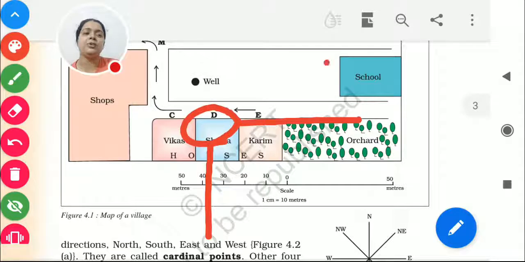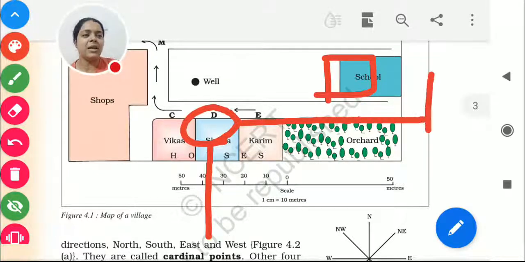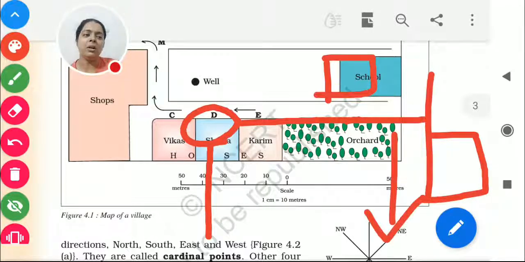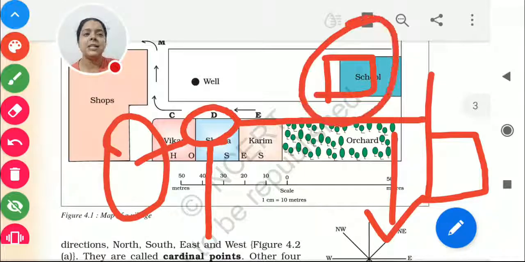Then on the right side, or the left side of yours, you find a temple. You go straight, there comes a shopping complex, and inside it you find the place towards the left side. So this landmark helped you reach the perfect place, and this is only the work of a symbol.